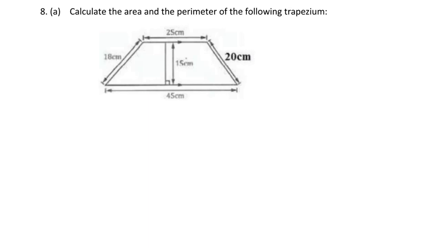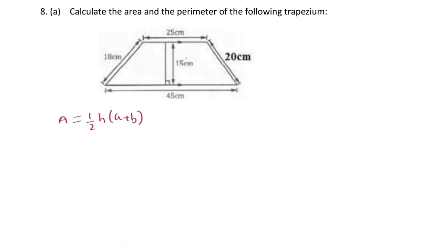Question number 8, part A. Calculate the area and the perimeter of the following trapezium. So we've been given the figure there. Okay, so let us recall the formula to calculate the area of a trapezium, which says 1 over 2 h in brackets a plus b, of which h is the height, a and b are the lengths of the parallel sides.